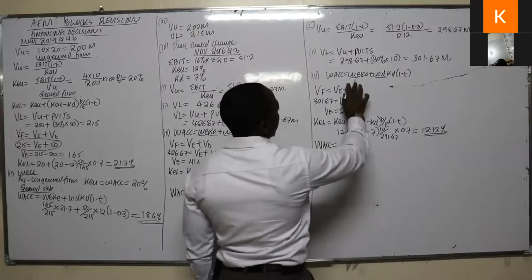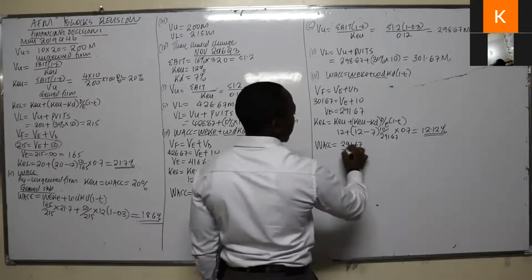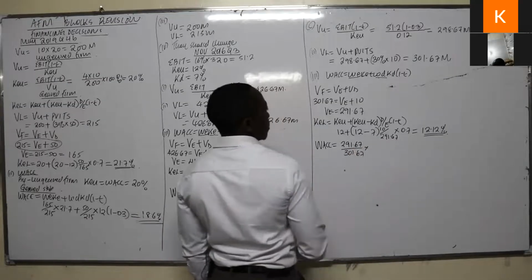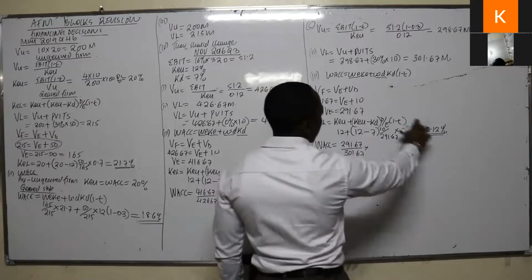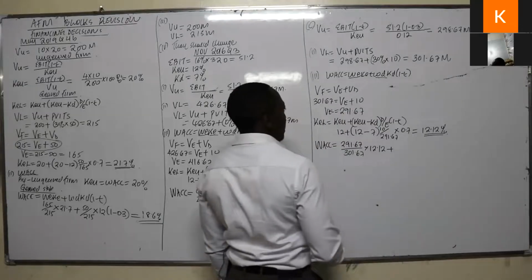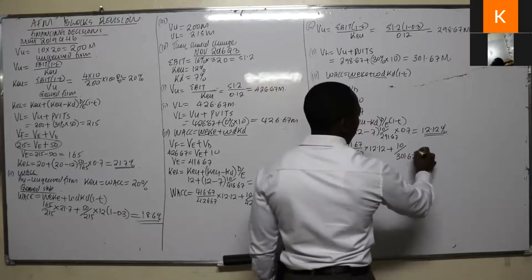So therefore, let's get WACC. You take the weight of equity: 291.67 over the value of the firm, which is 301.67. You multiply by the cost of equity, which is 12.12. Weight of the debt, 10 million over 301.67.